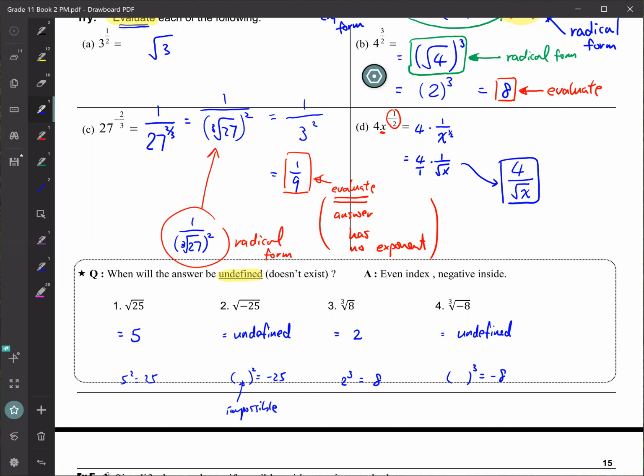Okay, does everyone else agree? Is it impossible to find a number times itself 3 times that equals negative 8? Does everyone agree it's undefined? Amanda, what do you think? Does -2 work?